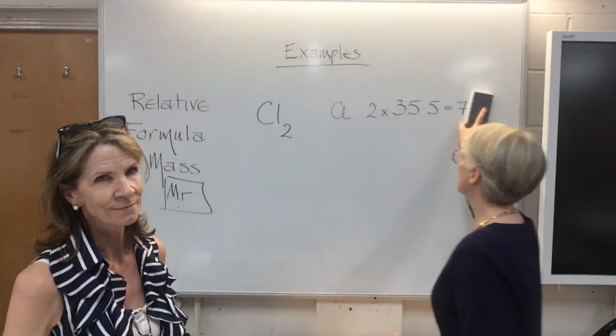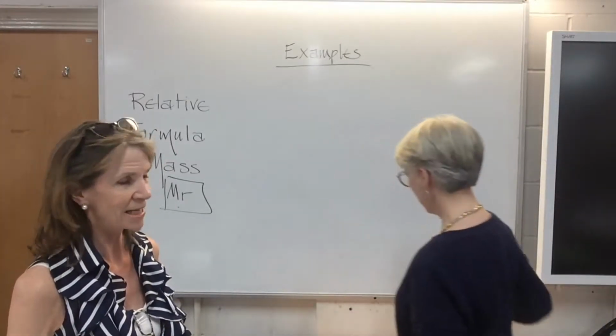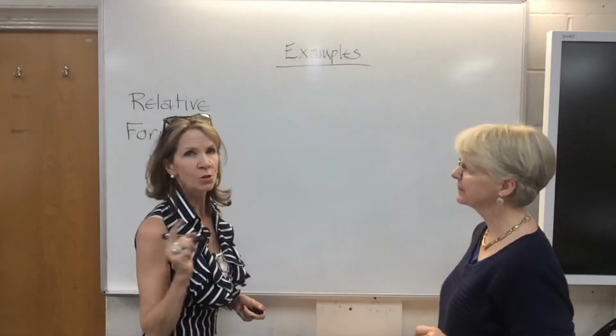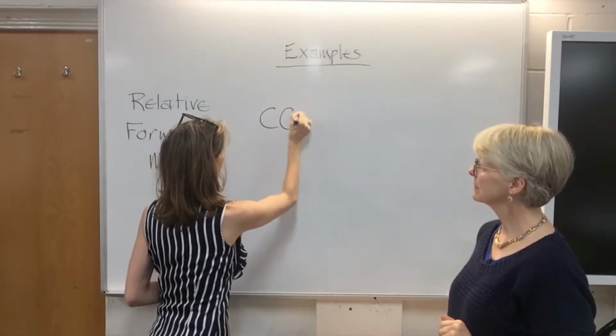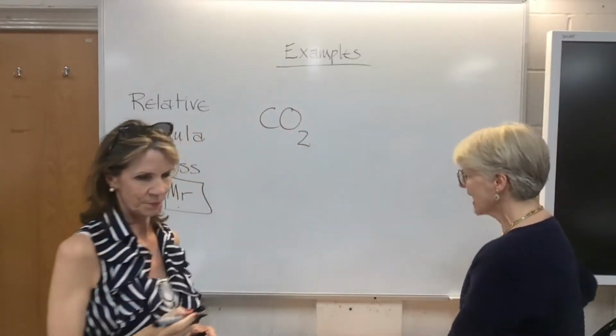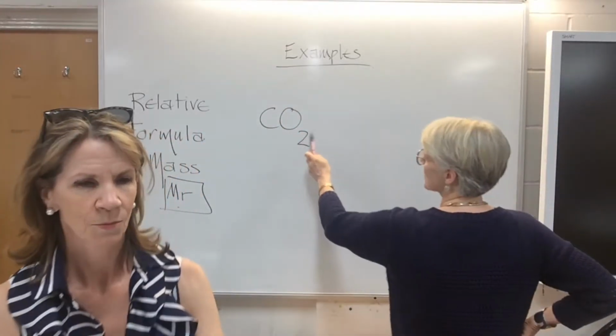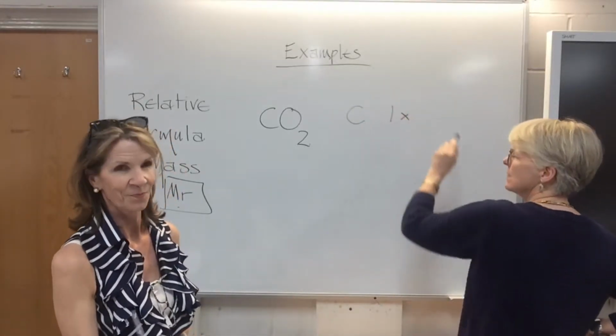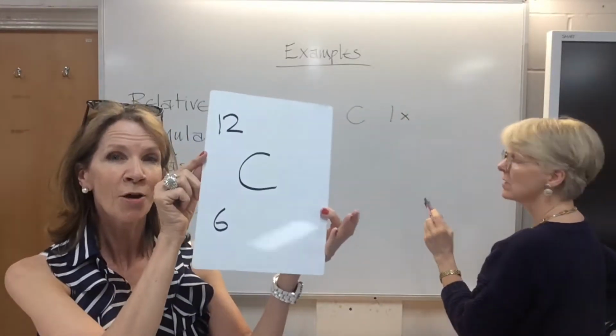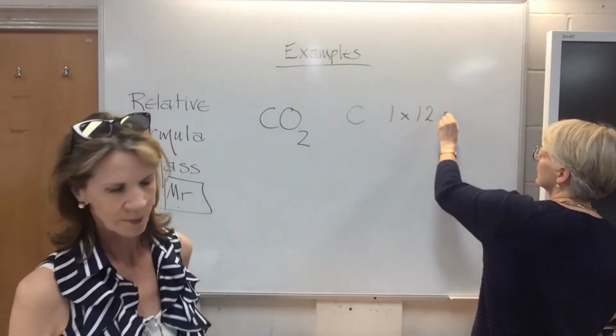Are you ready for the challenge? I'm going to take this one off, so you've got plenty of space. Great. Excellent. I like a challenge. Okay, this one we're going to do is carbon dioxide. Right, same principle. So I've got 1 carbon atom, so that's 1 times the atomic mass, which is 12. 1 times 12 equals 12.